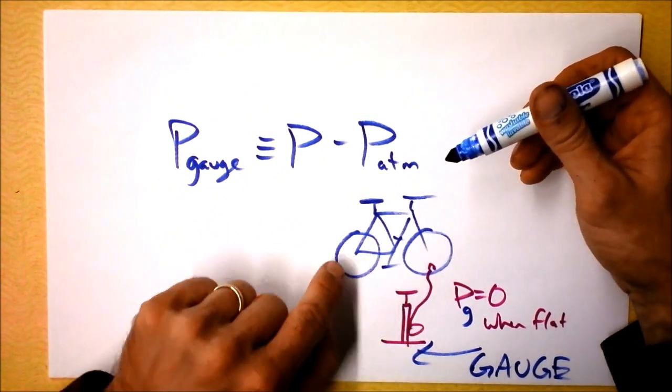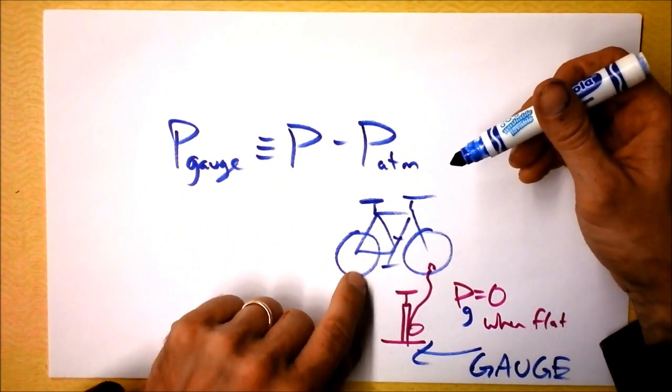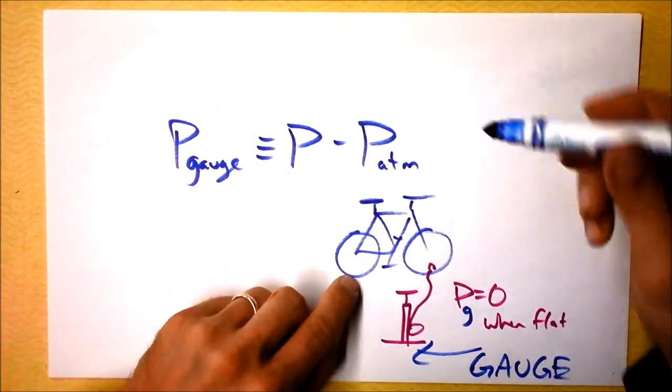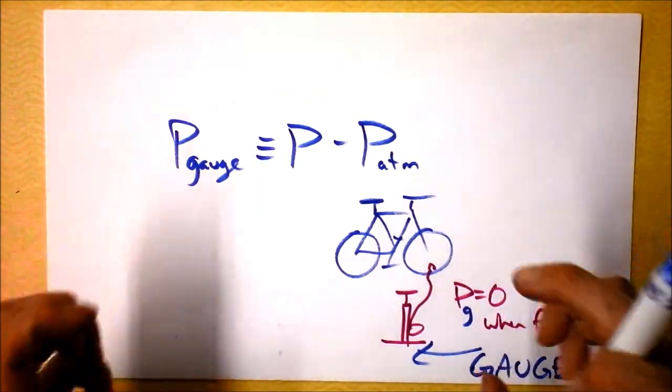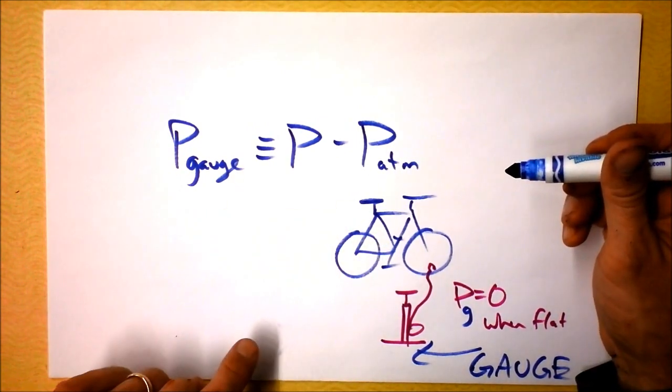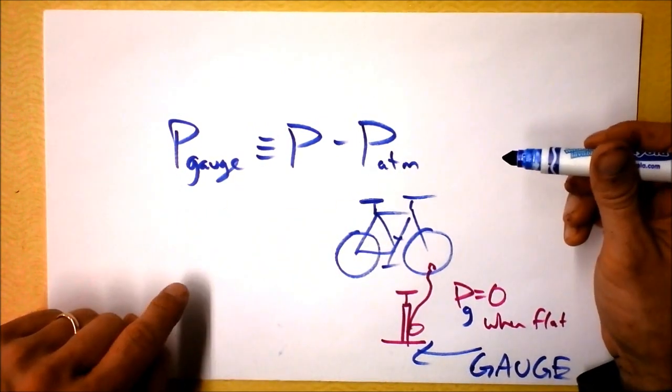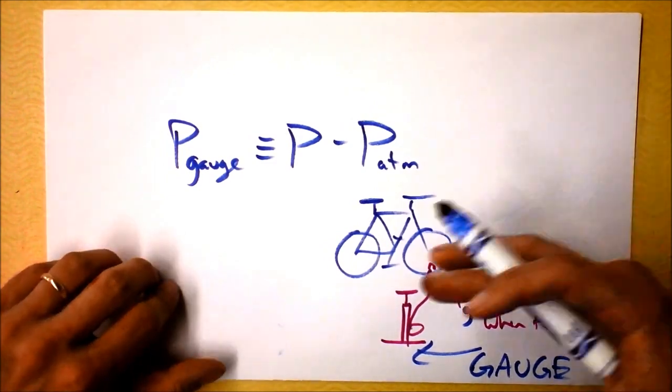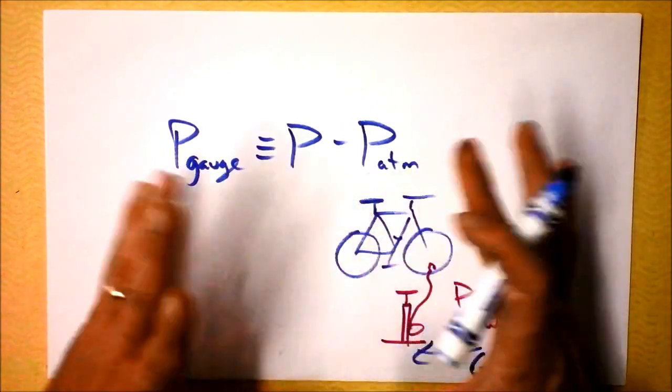Now the reason that a tire, when it's pumped up, can resist the bike falling down to the ground, the reason the tire has some oomph, some force it can exert on the outside world, is because there's a pressure difference. And that pressure difference is what causes a force that the tire can exert on the outside world.